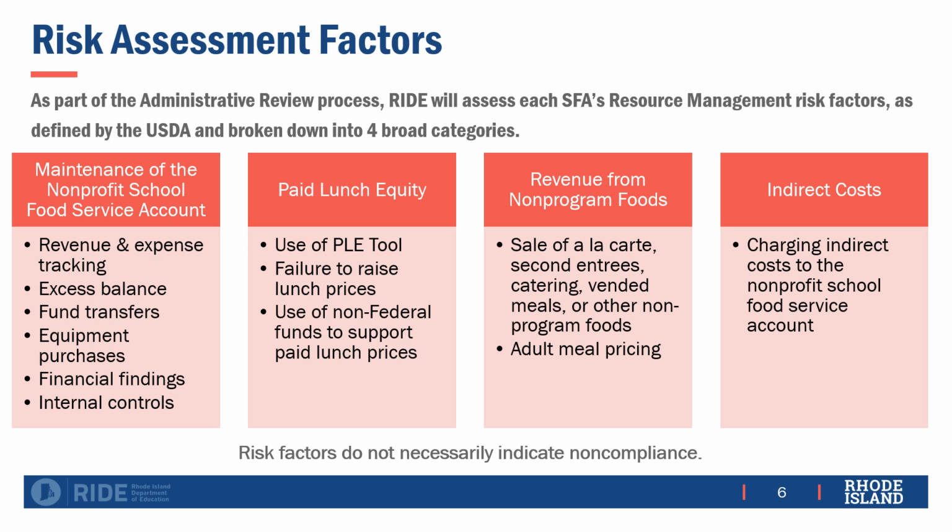But the risk indicator tool does not cover all resource management requirements, and RIDE may choose to conduct a comprehensive review in any or all areas, even if the tool does not require it. This is why your AR may vary from cycle to cycle, or when you compare notes with colleagues.